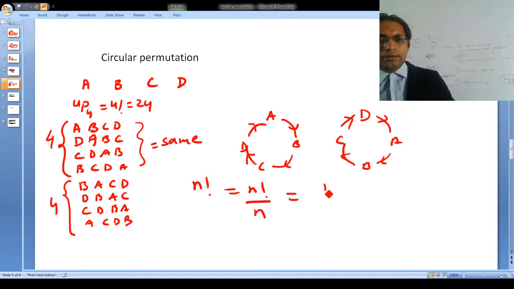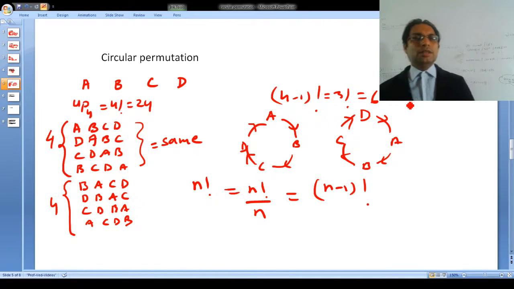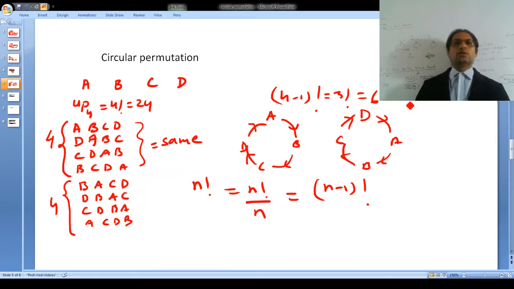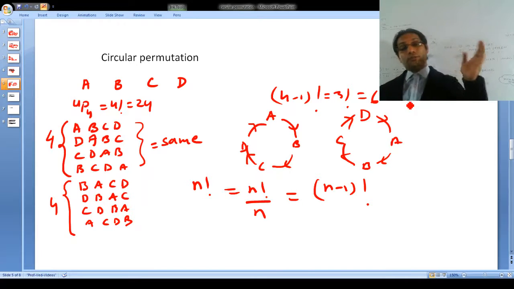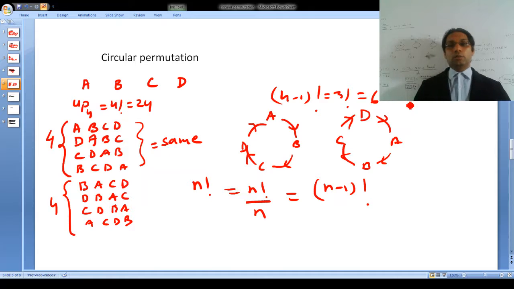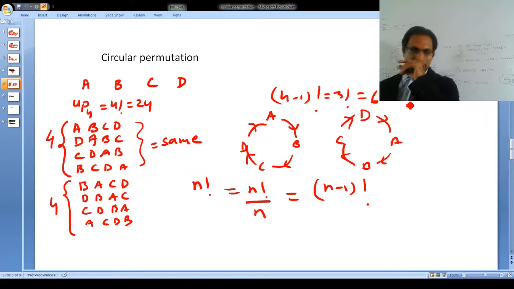You divide by n and it becomes (n minus 1) factorial. So for ABCD normal permutation, the answer is 24. Circular answer is (4 minus 1) factorial, which is 3 factorial, equal to 6. So only 6 arrangements are there in circular permutation, whereas 24 arrangements are there in normal permutation. So that is point number 1 you have to remember.